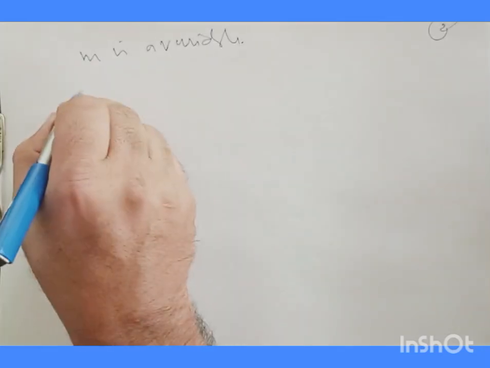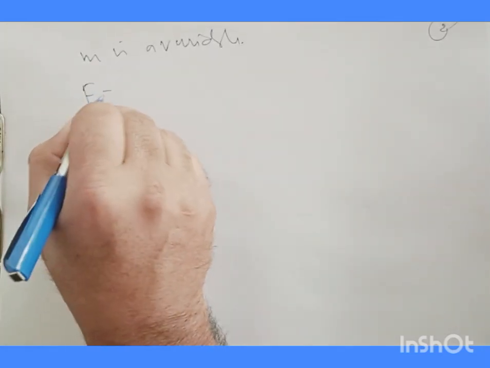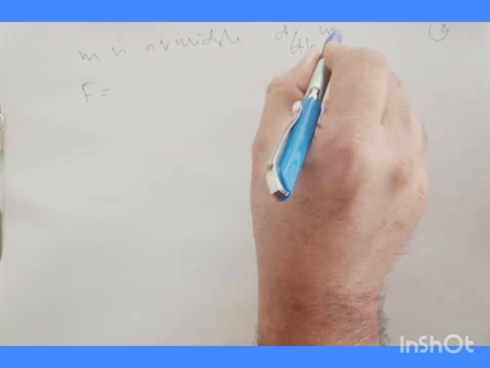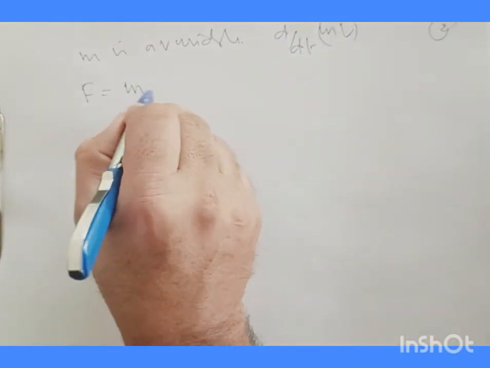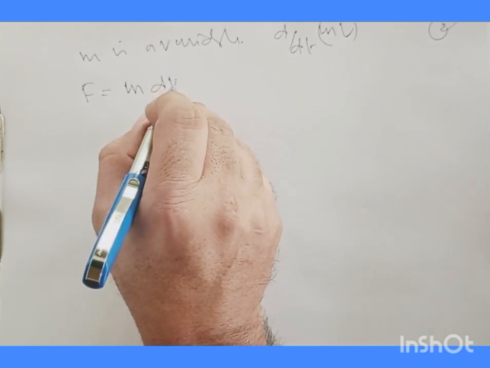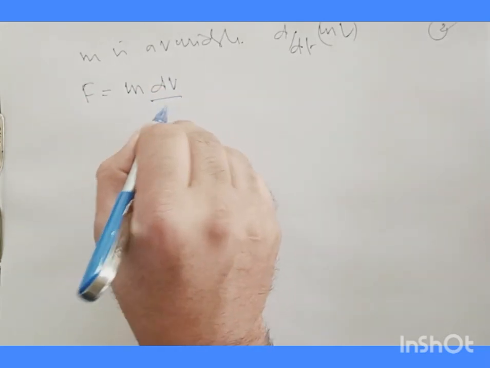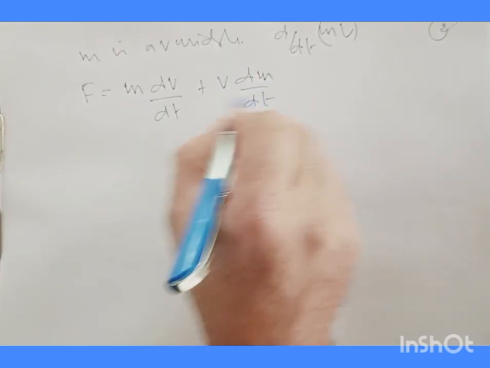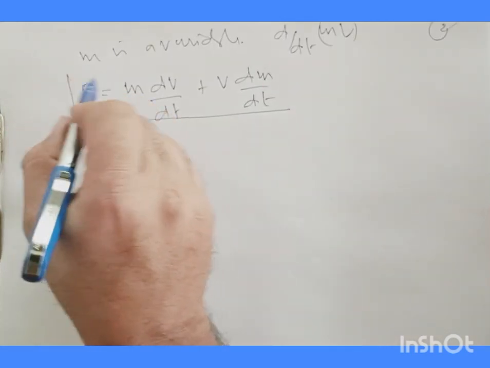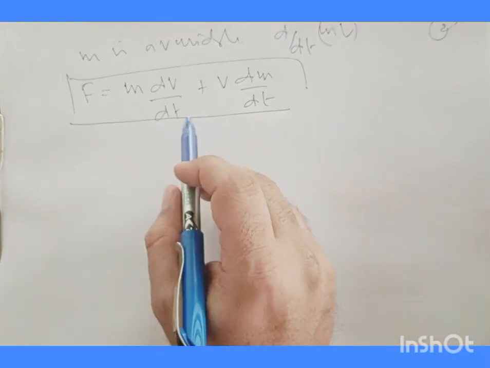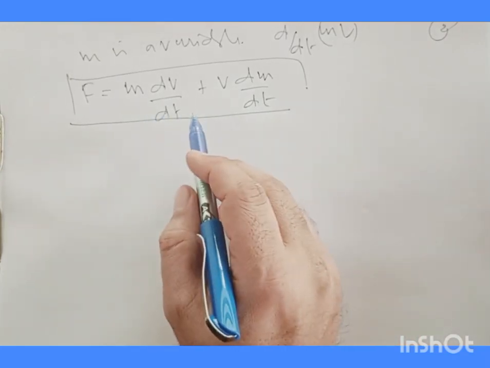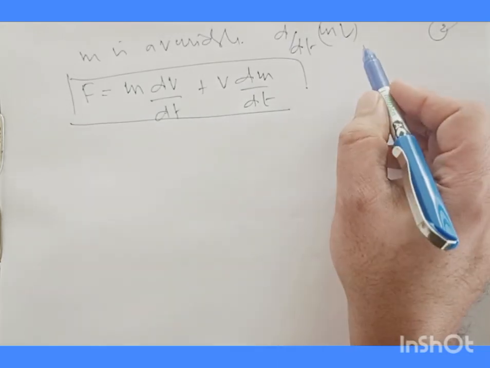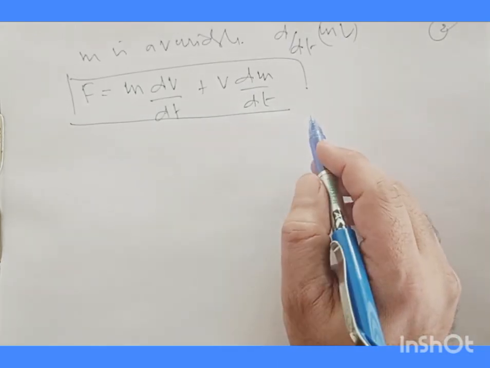Then F must be equal to d by dt of mv, which is m dv by dt plus v dm by dt. This should be the case because both m as well as v are functions, so we differentiate the two functions with respect to time. What we have used is the uv rule from differentiation.